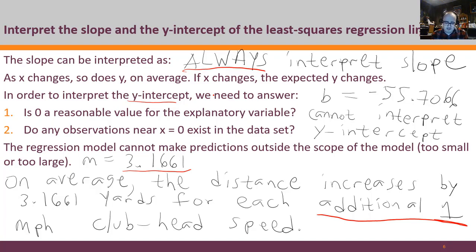There are no values near 0 in the data set, and if you even were to put a 0 in there, the y-intercept's a negative number. You can't have a negative distance, so we can't interpret that in this case, just the slope. But be aware though, there are times we can indeed interpret the y-intercept. Just so happens not to be this time.